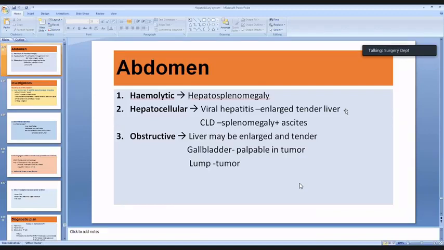In hepatocellular jaundice, in the case of viral hepatitis you'll get only an enlarged tender liver, but in chronic liver disease you can get splenomegaly, ascites, caput medusae, like that. And in obstructive jaundice, the liver may be enlarged and tender, the gallbladder is palpable in tumor, and in malignancy there might also be a palpable lump in the abdomen.